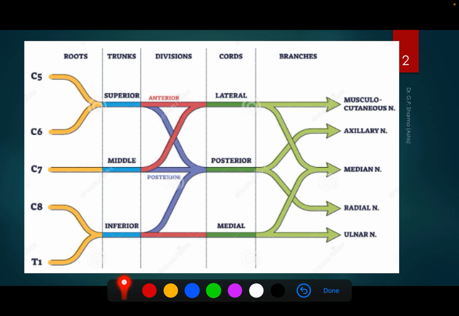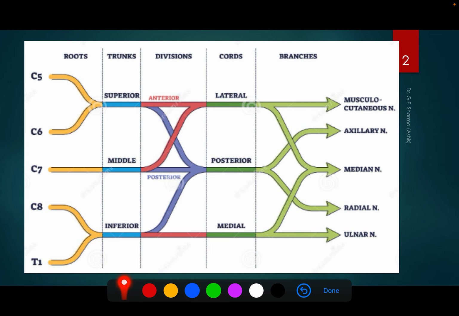As we have the formula here, 1, 2, 3, 4, 5, it starts from 5, right? And it has the 5 root values in standard individuals. Some individuals have a prefix if it goes above C5, somebody has a postfix if it goes below T1, that we discussed.